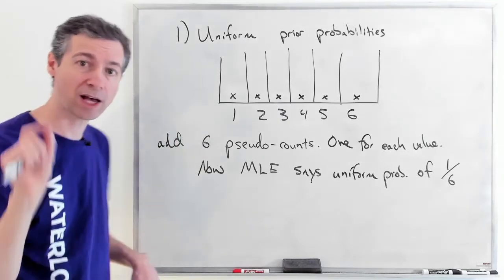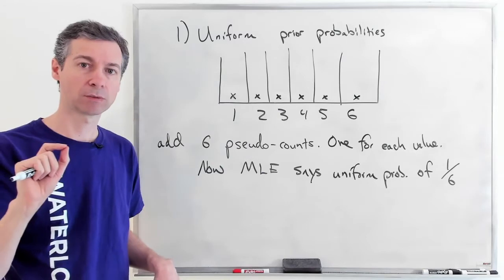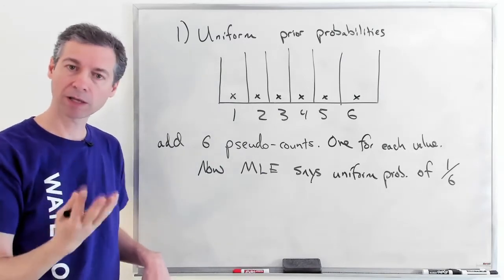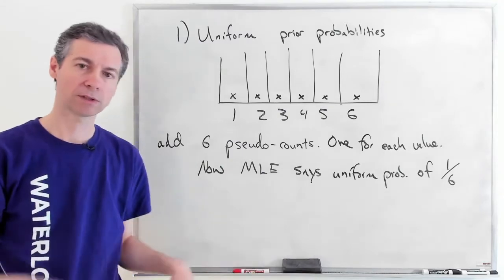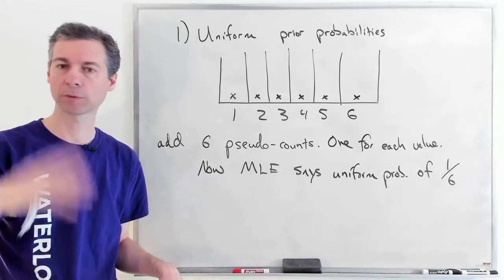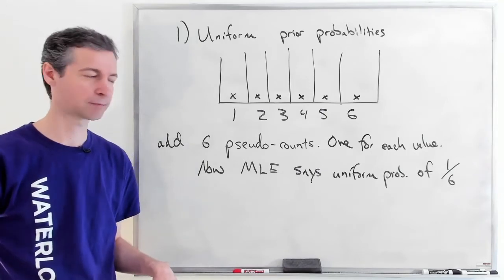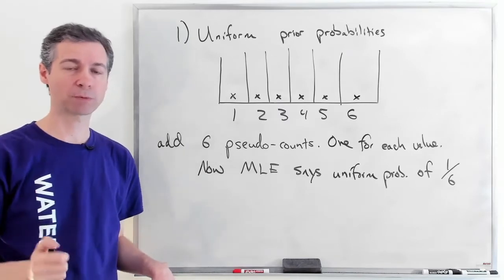So I now have my first model of the die. I estimate, based upon knowing nothing else, that it's 1/6, 1/6 for the probability of 1, 2, 3, 4, 5, 6. I could use that model, but we know it's probably not a very good one.